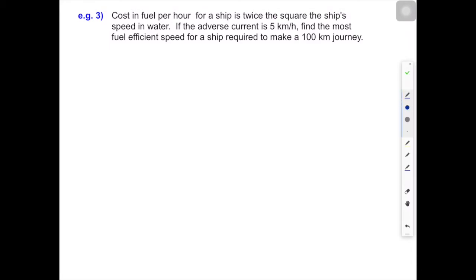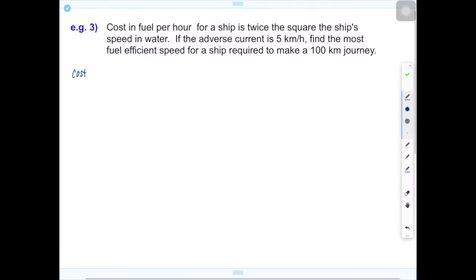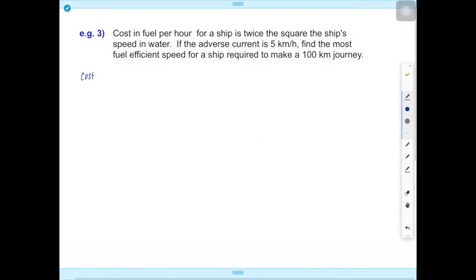Usually I like to set aside some time to analyze what's really given to me. So the cost in this question is twice the square of the ship's speed. So if we let the speed be v for velocity, then cost per hour is equal to 2v squared.